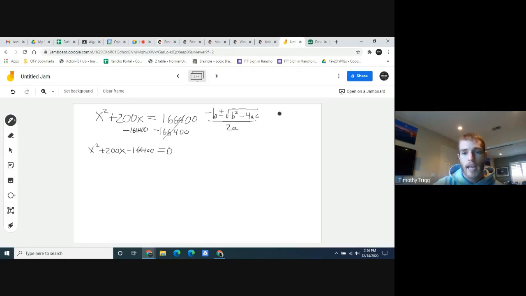And in this case, our a is whatever's in front of the x squared. So in our case, the a is 1, because it's like 1x squared. The b in this case is 200. And the c is negative 166,400.